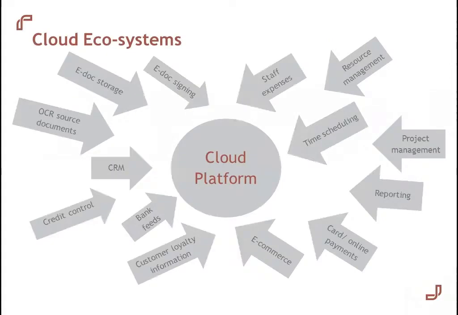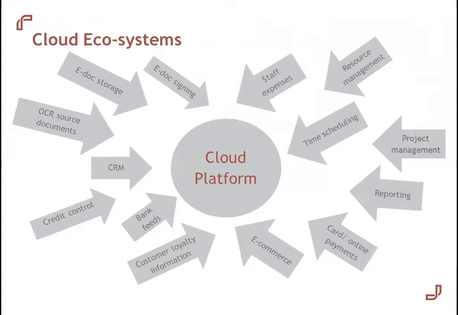So the access to software functionality has also changed. We are now in a world where businesses are creating their own cloud ecosystems, and that's what you can see on the slide there. They're making use of best-in-breed software.